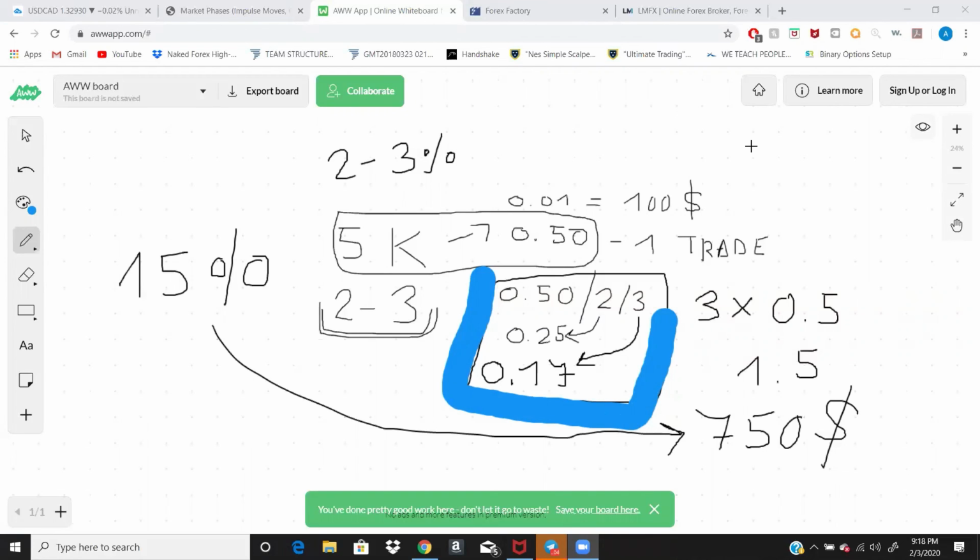Hence, are you with me? And this is just an example for everybody in general, for proper risk management.